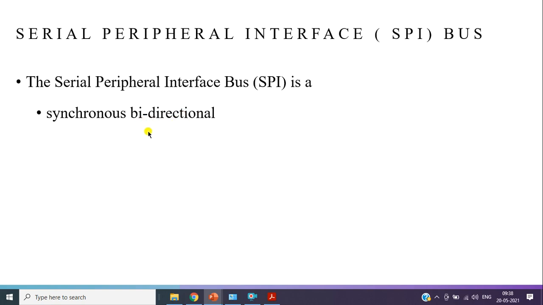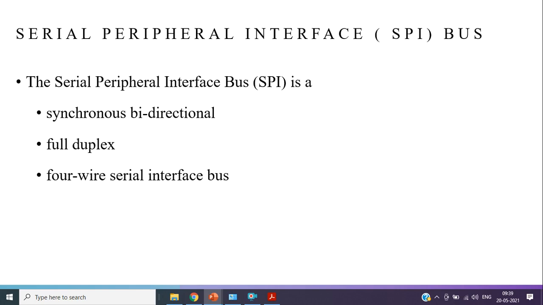This is the serial peripheral bus. Once again, this is also serial, synchronous, and bidirectional. Even I2C was bidirectional, no doubt, and it was half duplex. But the serial peripheral interface bus is a full duplex bus.